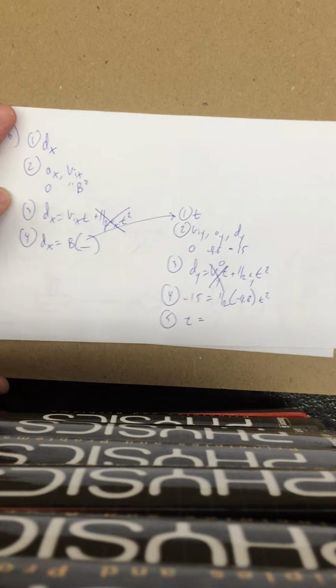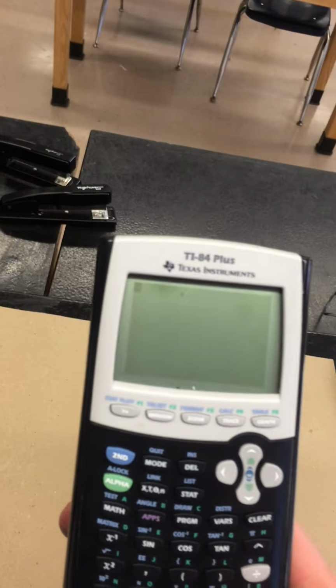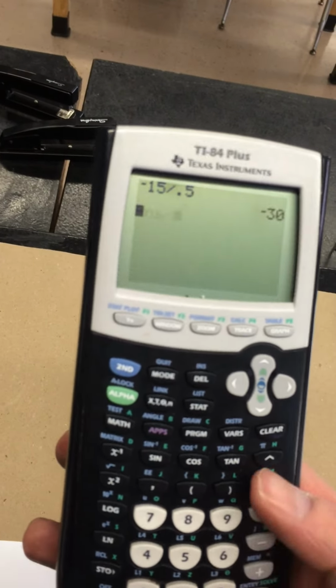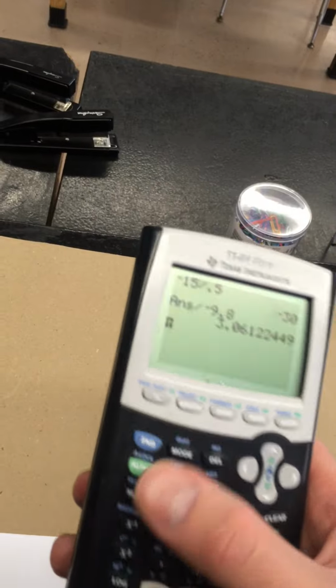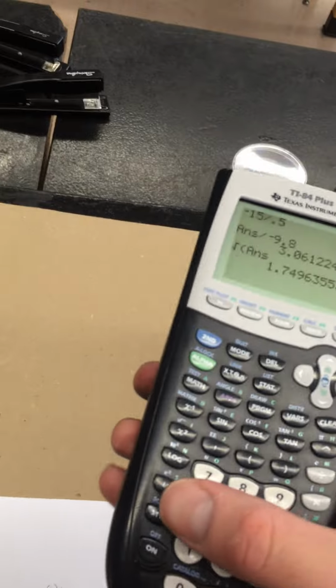T is equal to the square root of negative 15 divided by 1/2 divided by negative 9.8. I can store that as alpha c if I want.